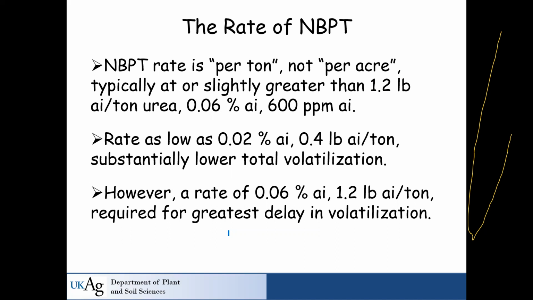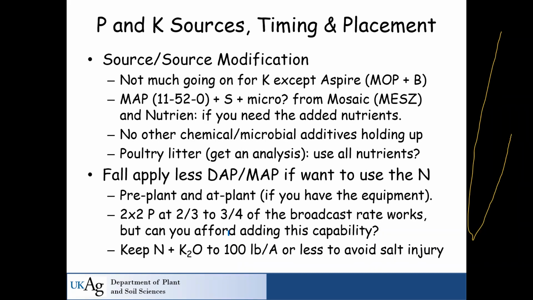Rate can be as low as 0.4 pounds, but you'll only substantially lower maybe the total volatilization. You'll still lose a fair bit on the front end. If you want to really delay the volatilization so that you can get a rainfall maybe 10 or 14 days later, you would want to have the higher rate of material.